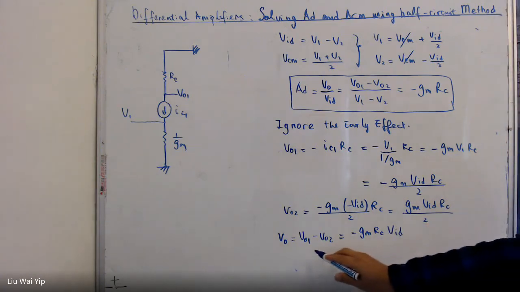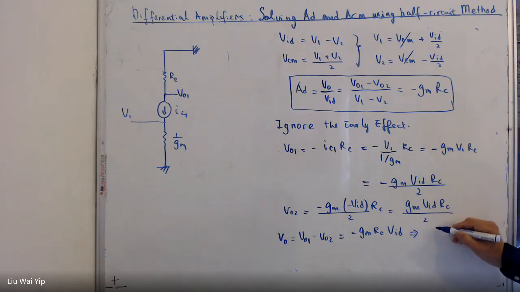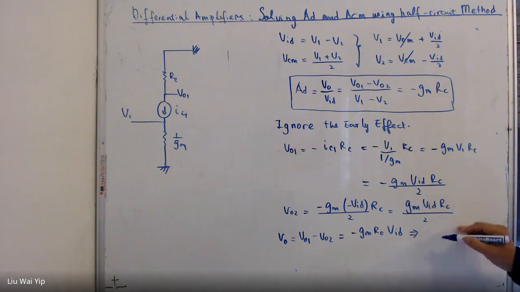And based on this equation, we automatically know the so-called voltage gain, the differential gain, which is equal to gm RC.